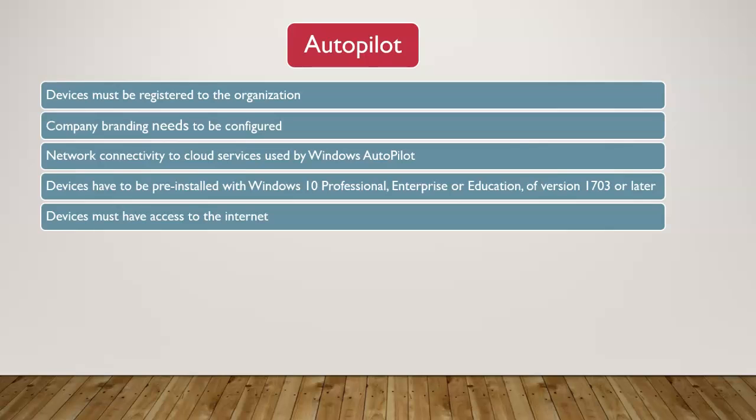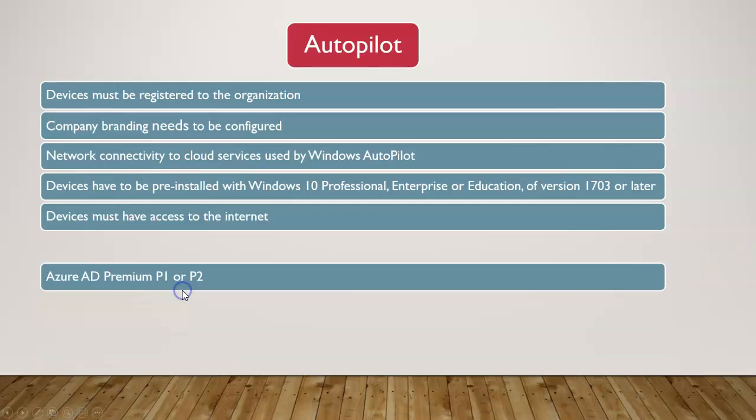And also, for all these features which we are discussing in this lab to work, you need Azure Active Directory Premium, Azure AD Premium P1 or P2 licensing, which is a part of your EMS licensing. We talked about that in the licensing section. If you have not learned that, you can go back and check it out.